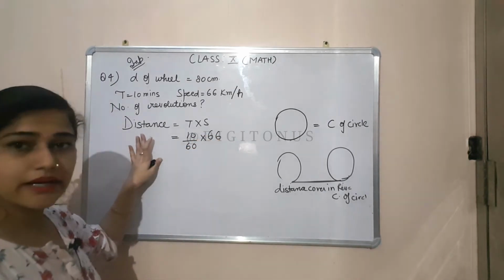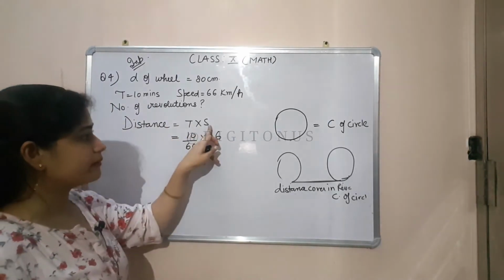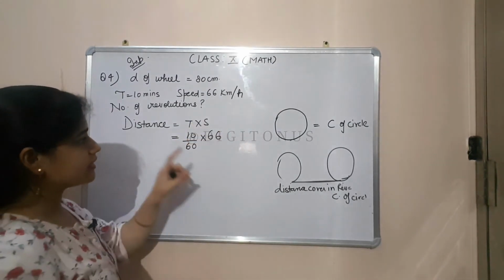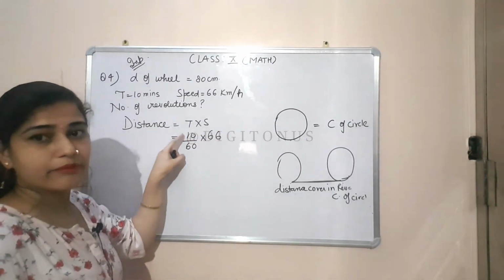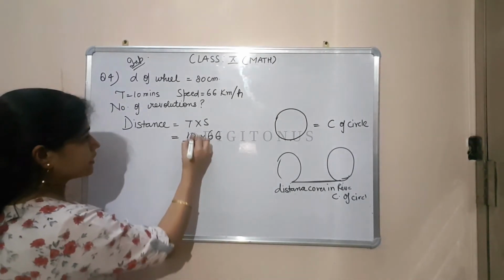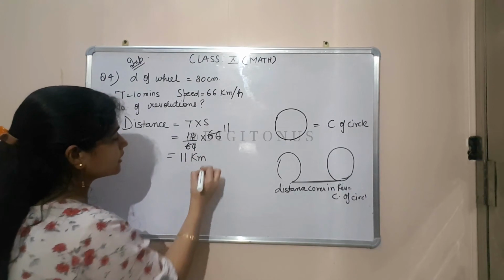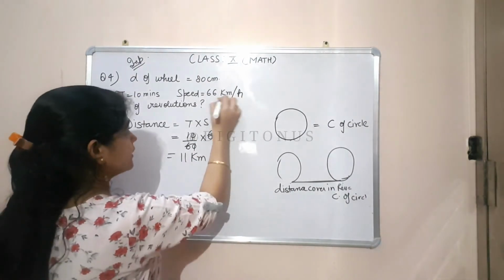So we are finding distance by the formula time into speed. Speed we have taken in the same unit, kilometer per hour, and we have converted time from minutes to hours. By this the distance is coming in kilometer, 11 kilometer.